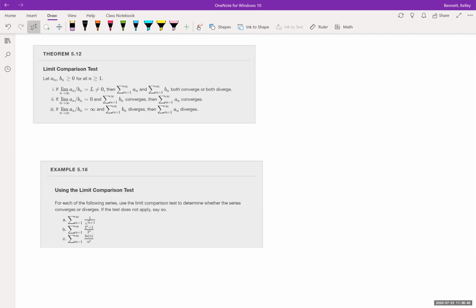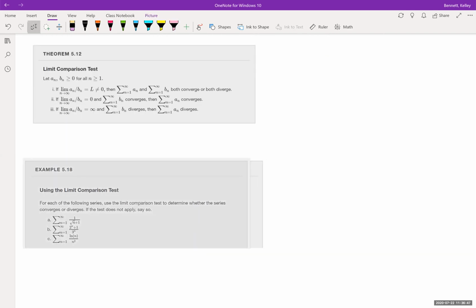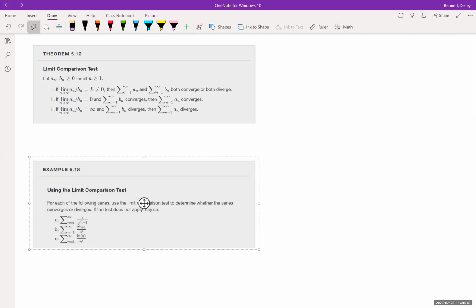So next we're going to do the limit comparison test. The limit comparison test is kind of the same idea where you get an idea for your given series, like, okay, I think this converges, I think it diverges. I want to compare it to something that's known to be convergent or divergent. And instead of comparing the terms in the summand term by term, we're actually going to take the ratio of terms and then evaluate it as a limit.